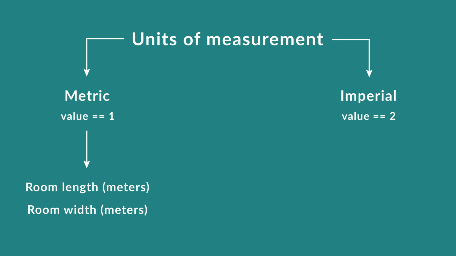Similarly, when the units of measurement value is 2 or selected option is imperial, two elements should appear: room length and width input fields in feet. To summarize, the input fields in meters will be visible only when the option value chosen in the radio box element is 1, and the input fields in feet will be visible only when the option value is 2.